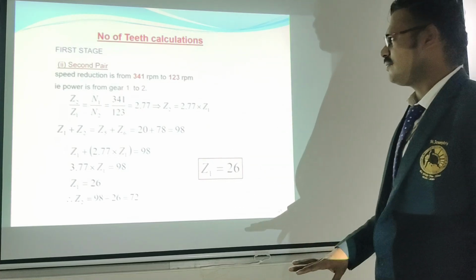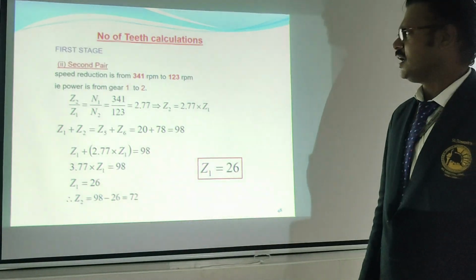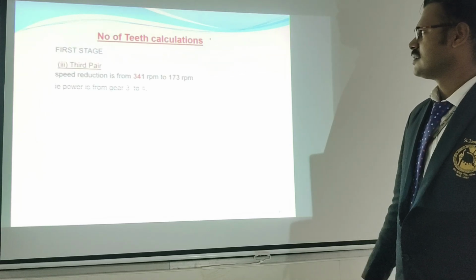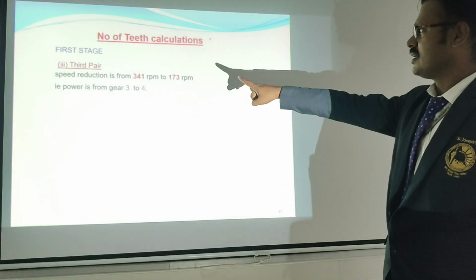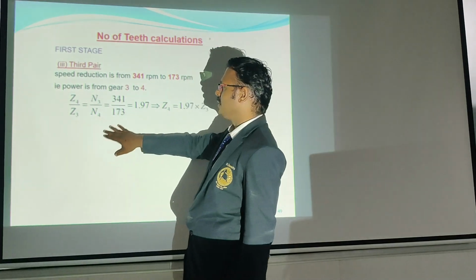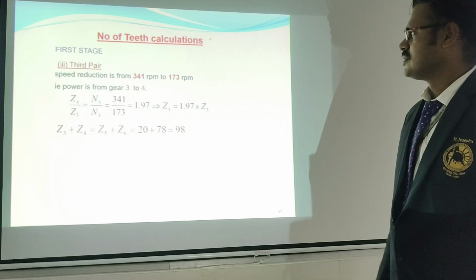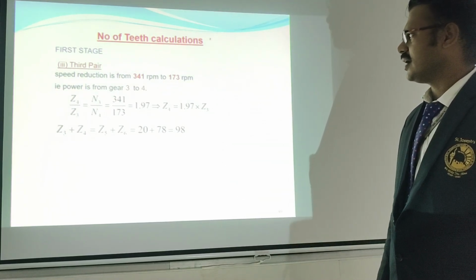Then the third pair we need to take. So 5 and 6 we have found, 1 and 2 we have found. Next we need to find 3 to 4. So 341 to 173, gear pair 3 to 4. So Z4 by Z3 equals N3 by N4. Then Z3 plus Z4 equals Z5 plus Z6. That you can take.